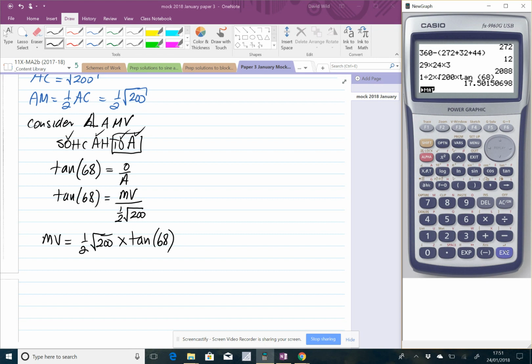And I get an answer of 17.5015. That's going to be centimeters. Now notice I do quite a bit of accuracy here because it's not my final answer, an intermediate answer, so I'm going to use a good bit of accuracy.